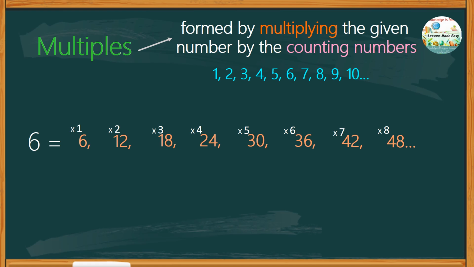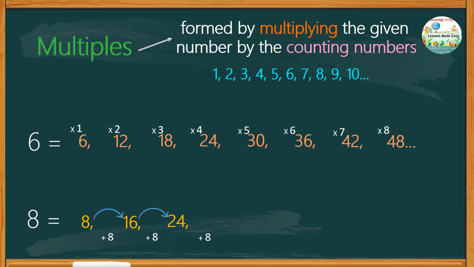Another way to find the multiples of a number is by repeated addition. For example, if we are to find the multiples of 8, we can start from 8, then repeatedly add 8 to get the next multiple, which would give us 16, plus another 8, that is 24.